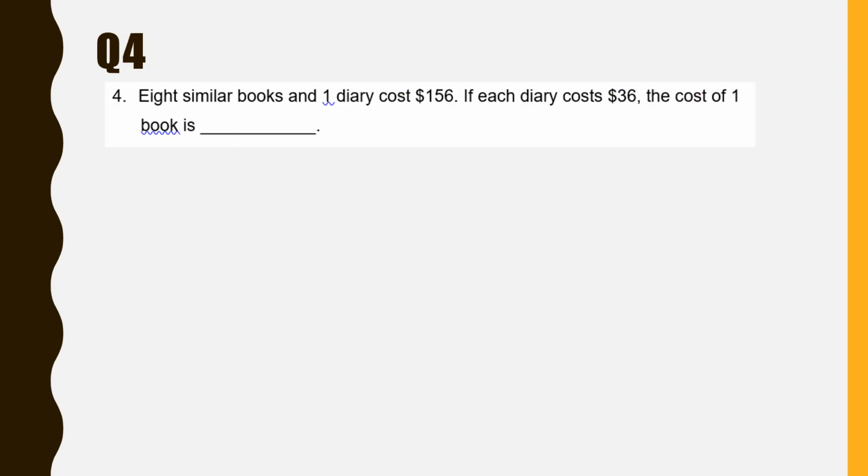Now, this is a not so difficult question compared to the other two, but it's still challenging. 8 similar books and one diary cost $156. Each diary costs $36. Find the cost of one book. This is a very simple model drawing question where there are 8 similar books and one diary.